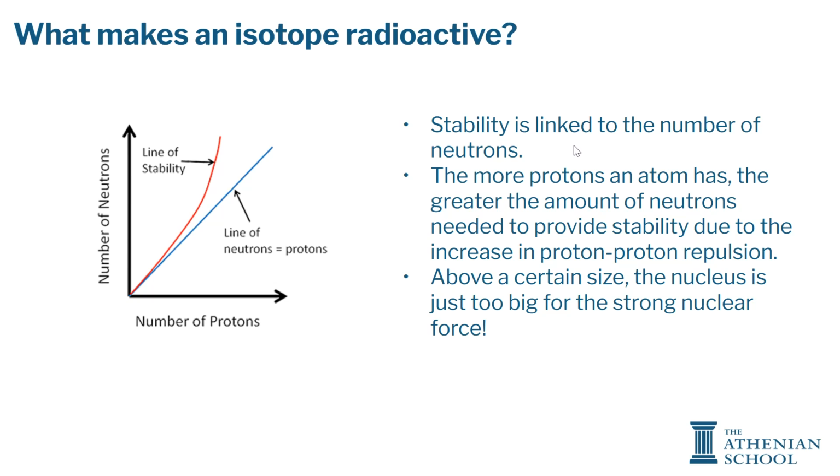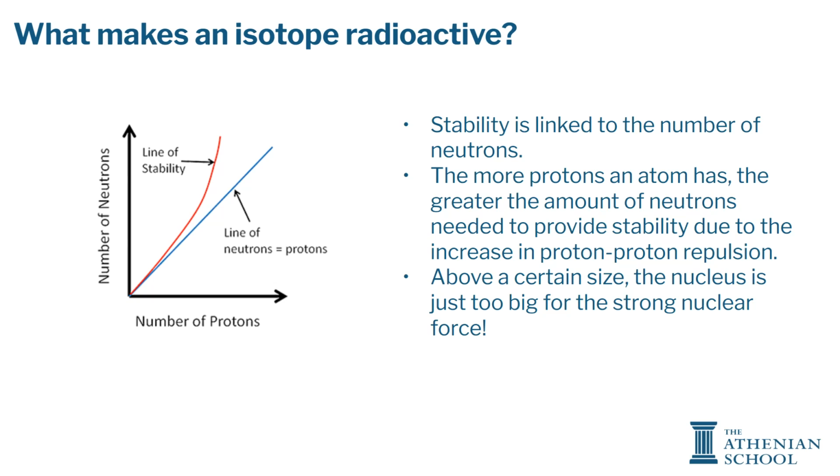Now, one of the things we talked about during class is that stability is linked to the number of neutrons. And it turns out that the more protons an atom has, the greater the amount of neutrons are actually needed to provide stability due to the increase in proton-proton repulsion. So what I mean by that is that if you have positive charges and you have a lot of them, if you put a positive charge next to a positive charge, they're going to essentially try and go in the opposite directions.